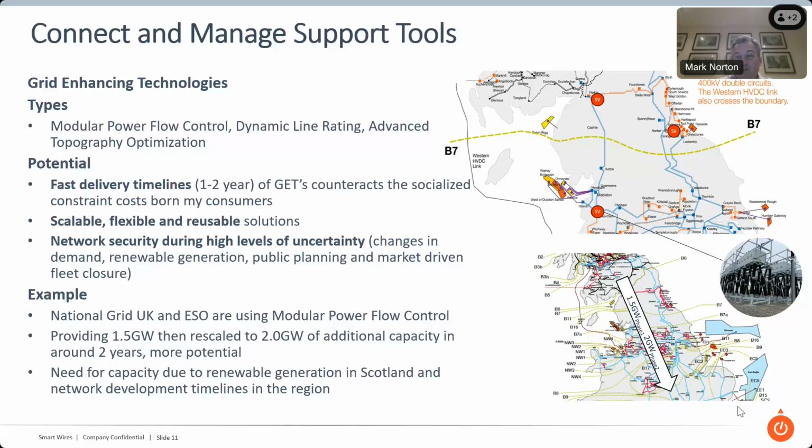One of the reasons it was developed is the significant connection of new renewable generation in Scotland and the lack of capacity between Scotland and the rest of the UK. With these faster development times, it has really aided in managing that in and around the region. So there's an asset example of these types of technologies supporting a connect and manage approach.